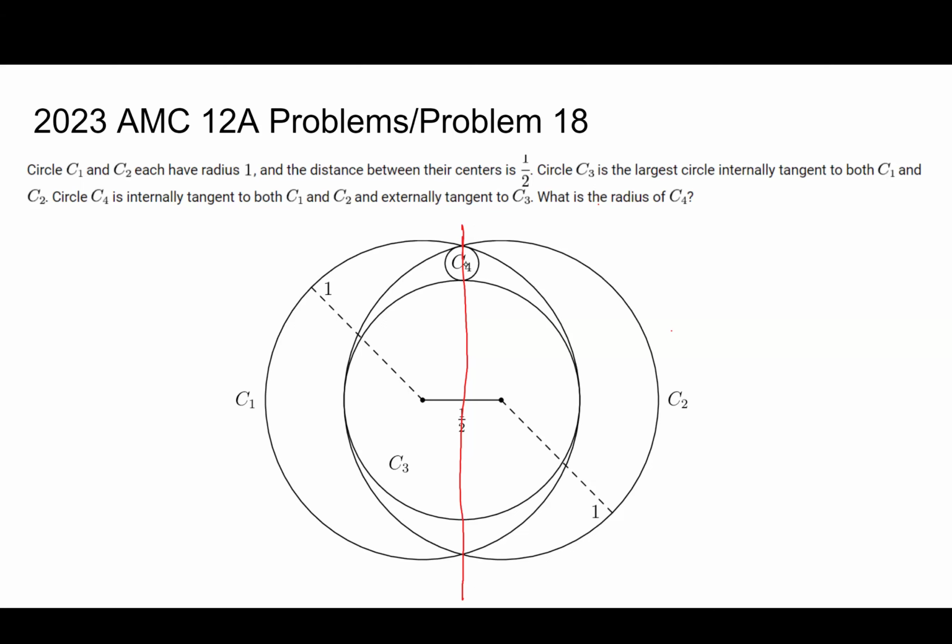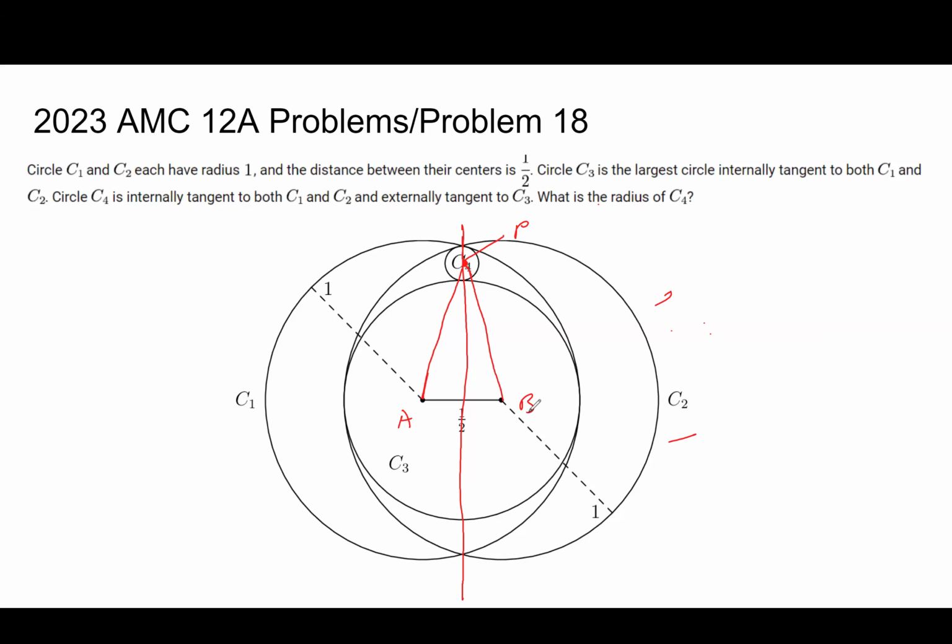So if I connect this, right? Let the center of C4 be point P, and just call this point A, this point B. Then what do we know?